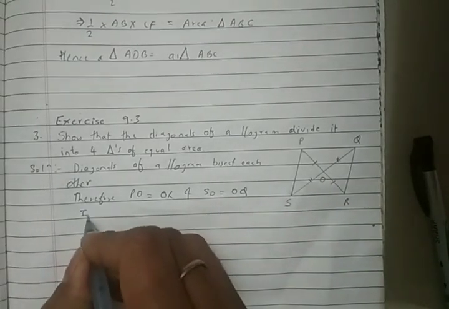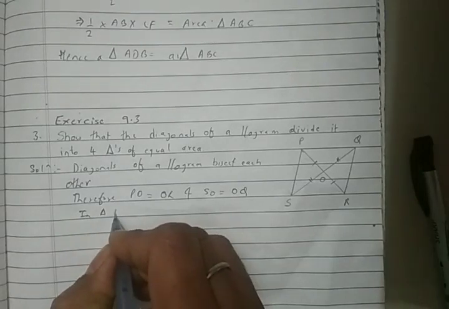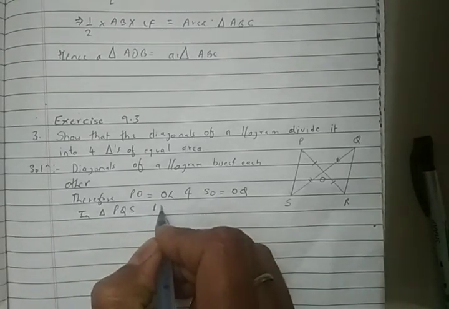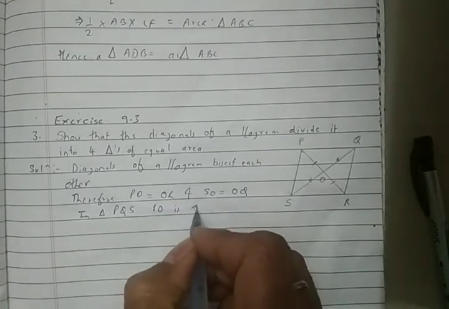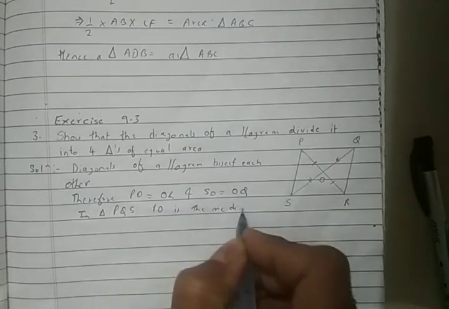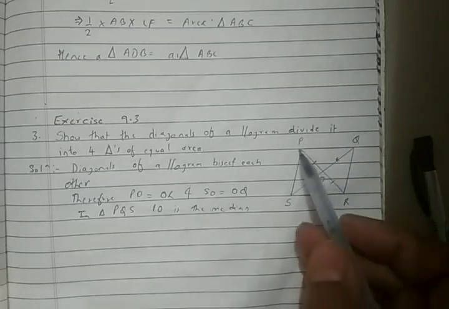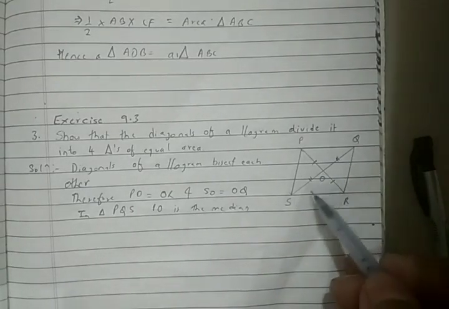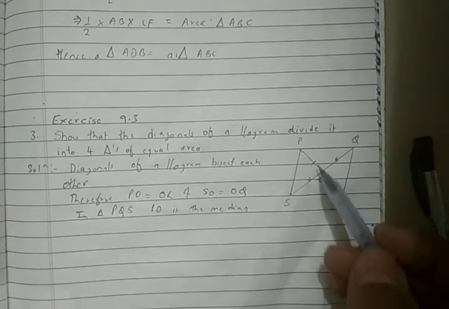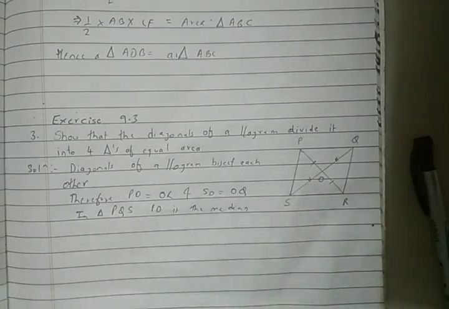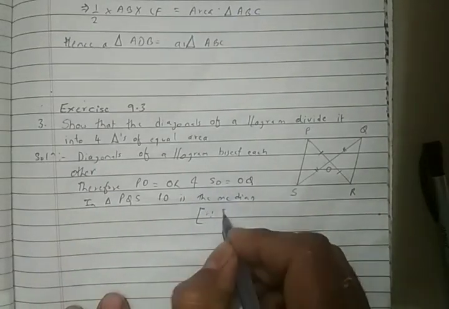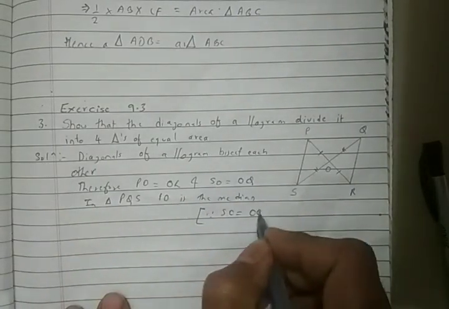Now in triangle PQS, PO is the median, right? PO is dividing SQ into two equal halves. So PO is the median. We'll write the reason for this. Reason is because SO is equal to OQ.